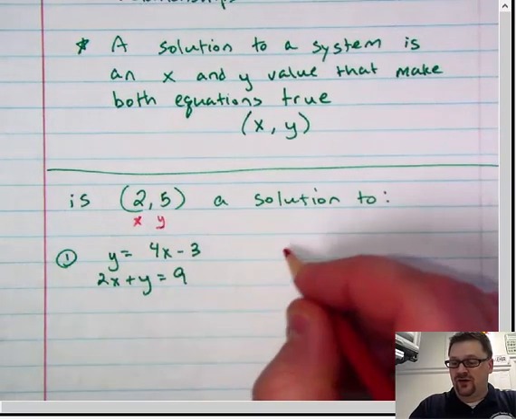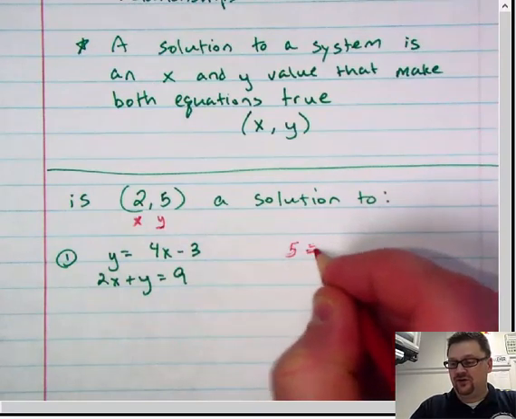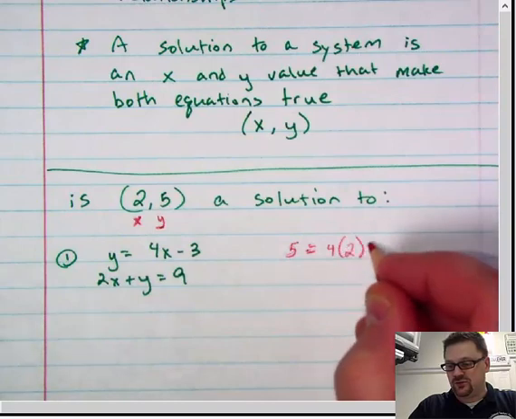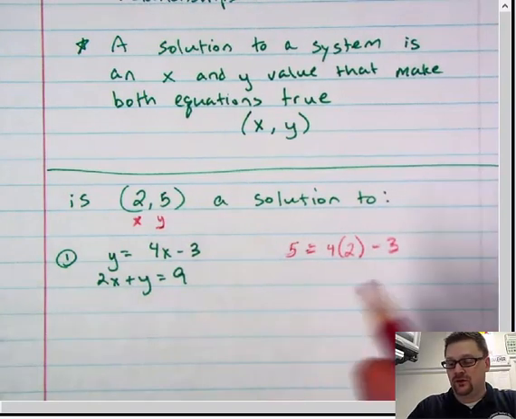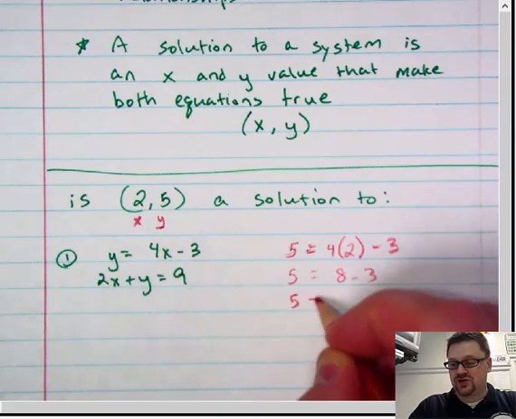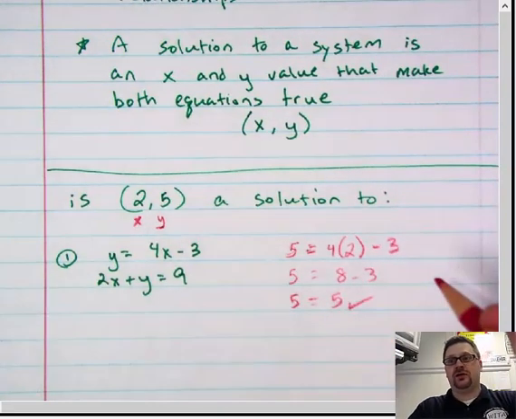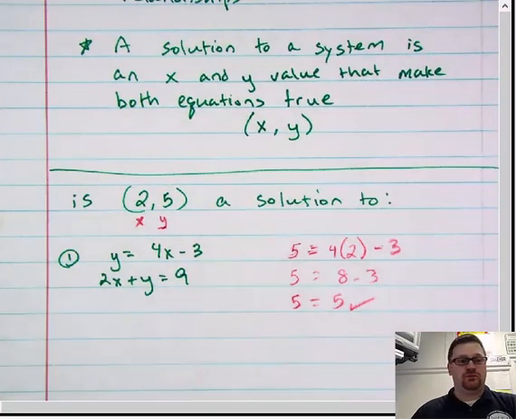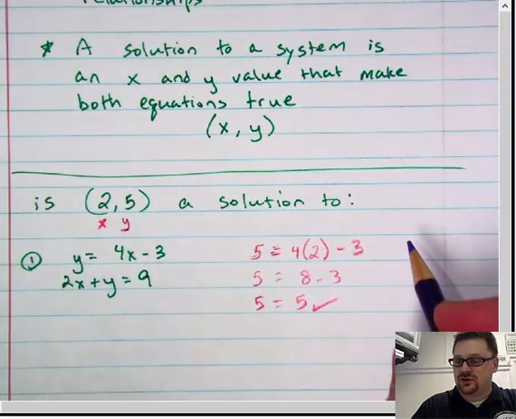So since y is 5, I would ask myself, is 5 equal to 4 times x, which is 2, minus 3? Well, 5 is equal to 8 minus 3, which happens to be 5, so yes, that point does check in that equation. I do have to check in both equations. So now let's do the same thing with the other equation.